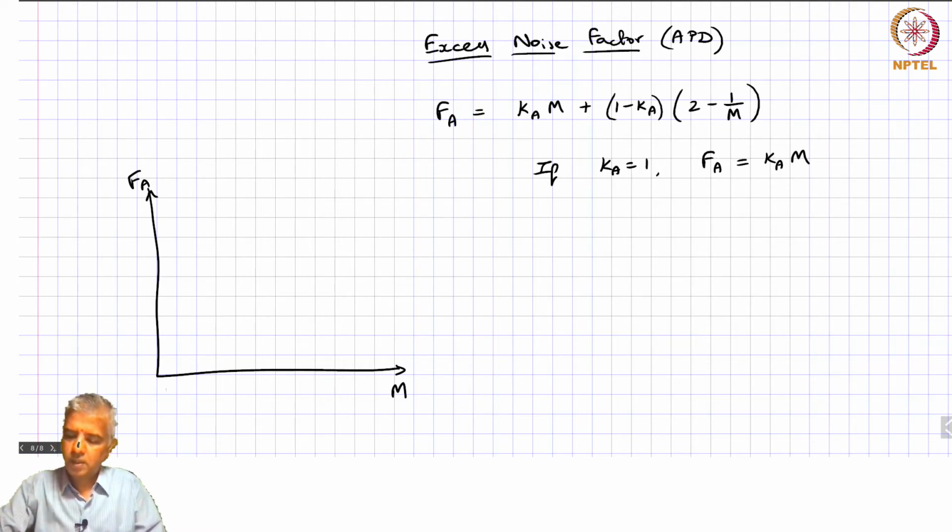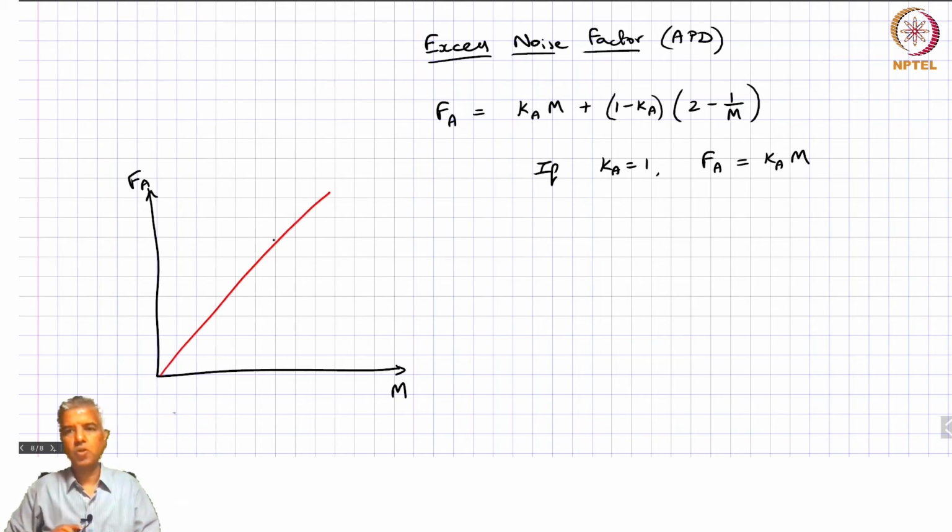So, let us look at the case of Ka equals 1. If we were to draw that, that's just basically a linear relationship with a slope of 1. So it's just a straight line. What does that tell you?